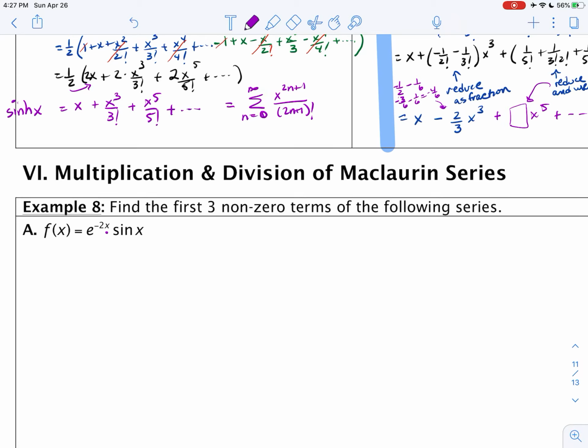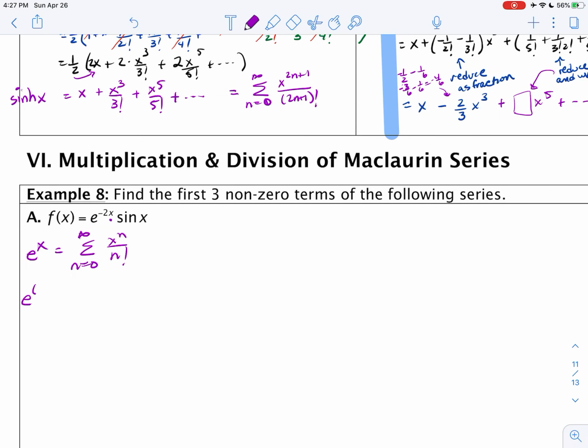So again, we have e to the x, that's what we're going to be using here. And e to the x is the sum from n equals 0 to infinity of x to the n over n factorial. So e to the minus 2x, remembering that whatever x is what we're taking to the nth power.